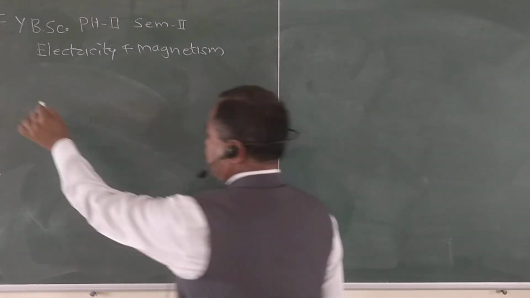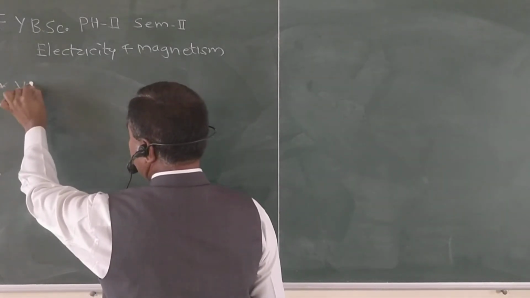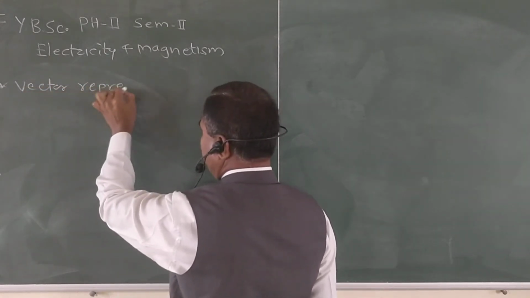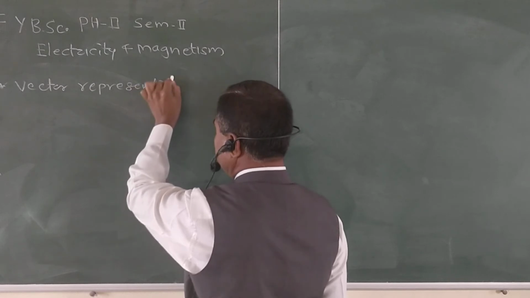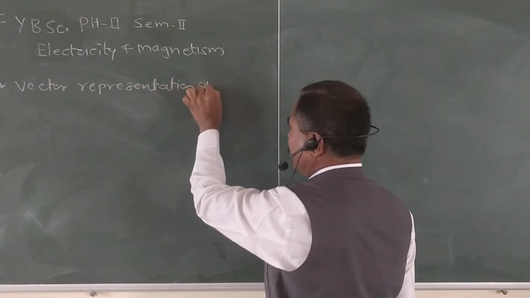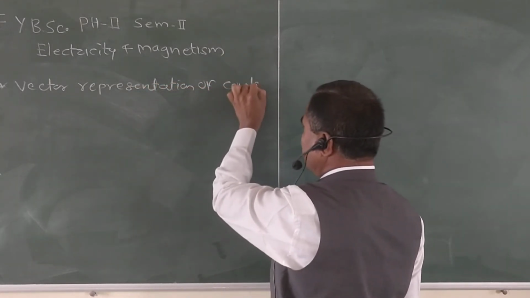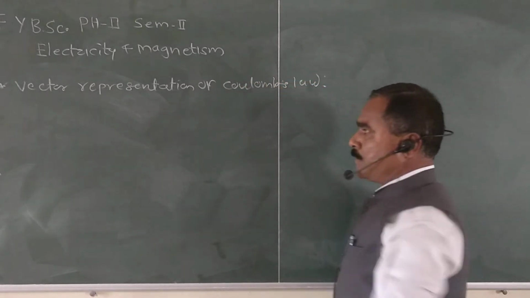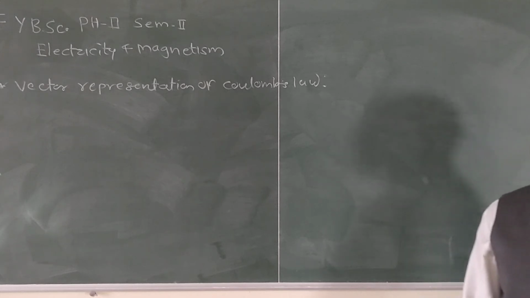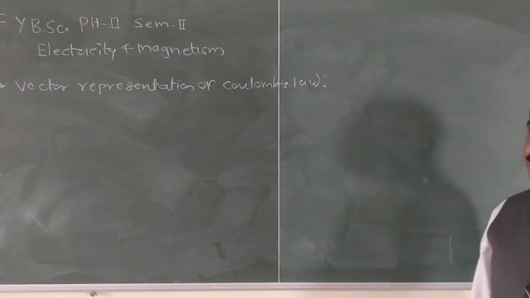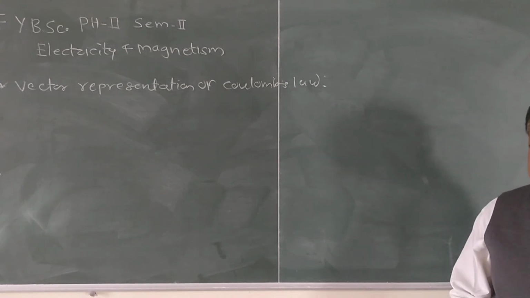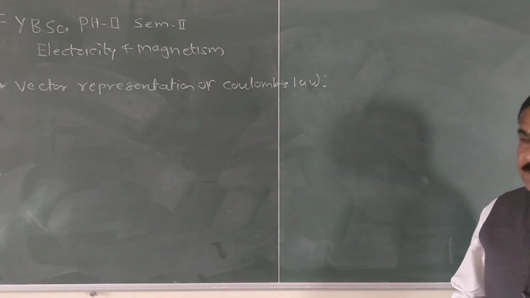So the next point is vector representation of Coulomb's law.